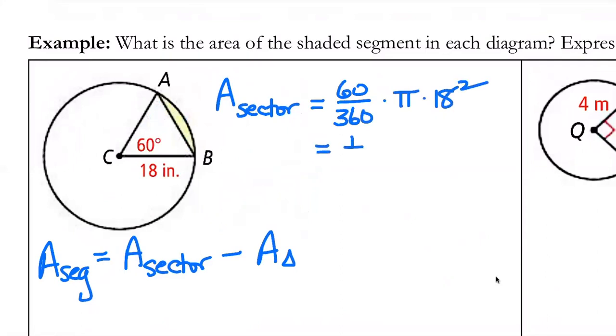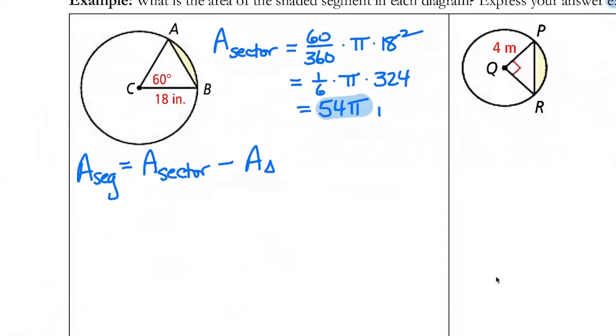That's 1/6 of pi, and 18 squared is 324. 324 divided by 6 is 54. So that's exactly 54 pi. That is the sector area. Of course, that's in inches squared.